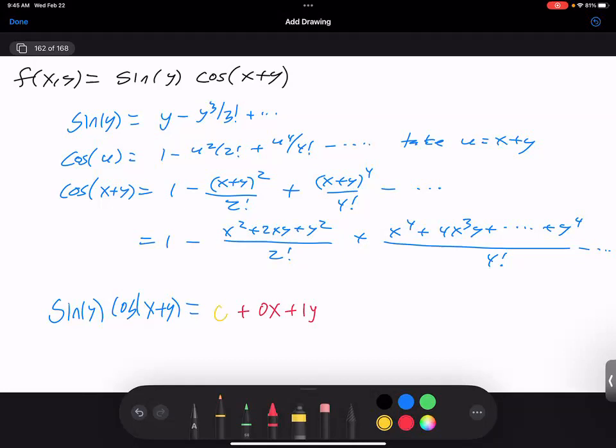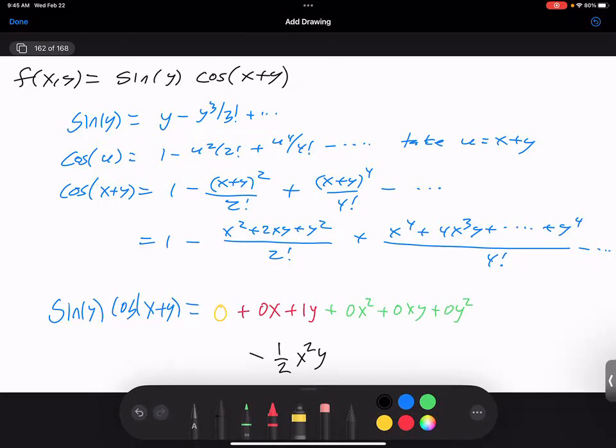I'll put these in different colors to highlight. So no x squared, no xy, no y squared. What about terms of degree 3, where I have 3 x's, 2 x's and a y? Yes, I could have an x squared y. So I'm going to get a minus 1/2 x squared y.